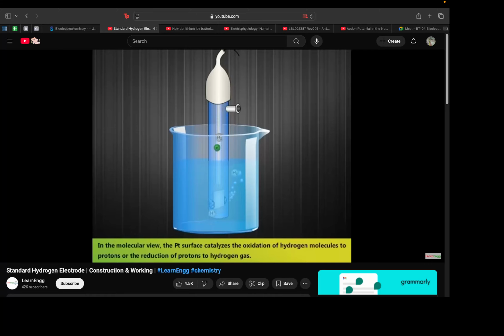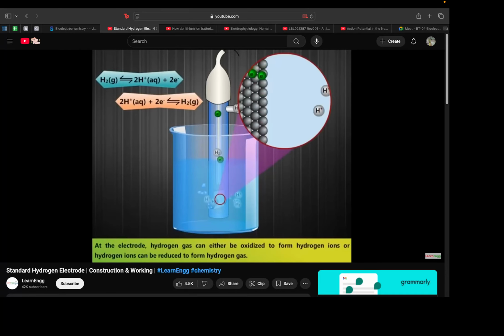In the molecular view, the Pt surface catalyzes the oxidation of hydrogen molecules to protons or the reduction of protons to hydrogen gas. At the electrode, hydrogen gas can either be oxidized to form hydrogen ions, or hydrogen ions can be reduced to form hydrogen gas.